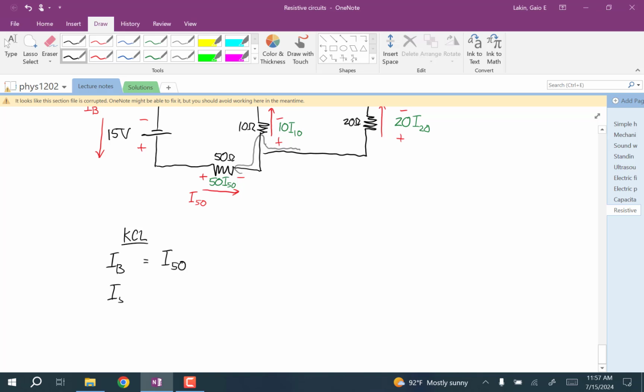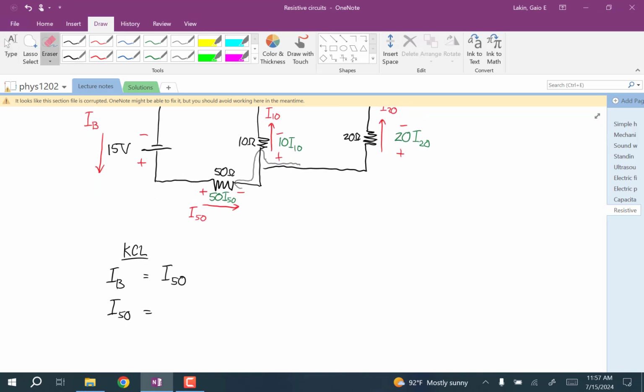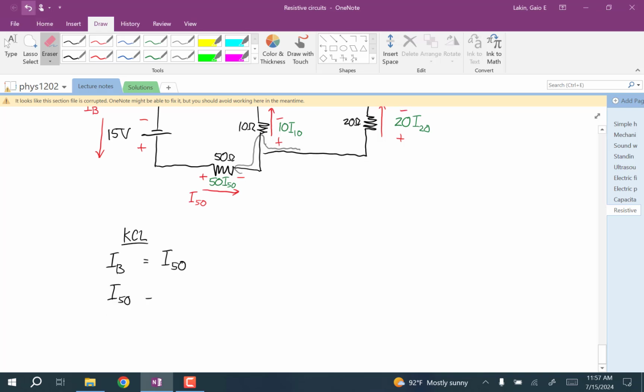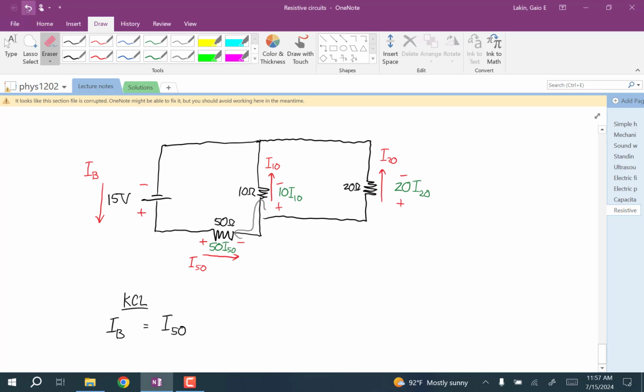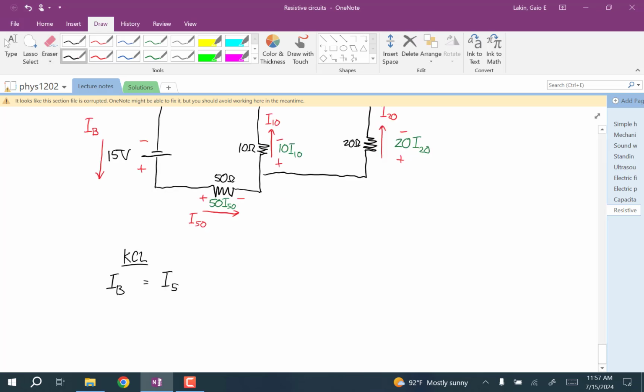So I50, let me get that all erased. Okay, so now we have, this should be I50. So I50 is equal to I10 plus I20.